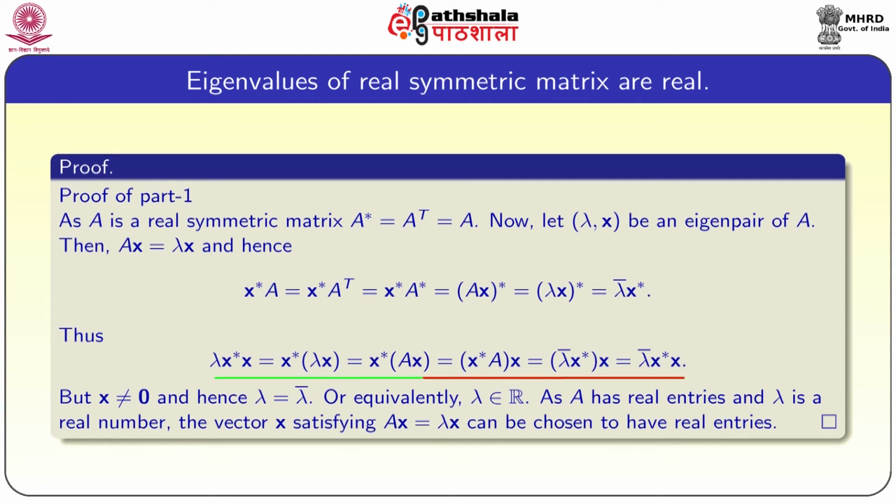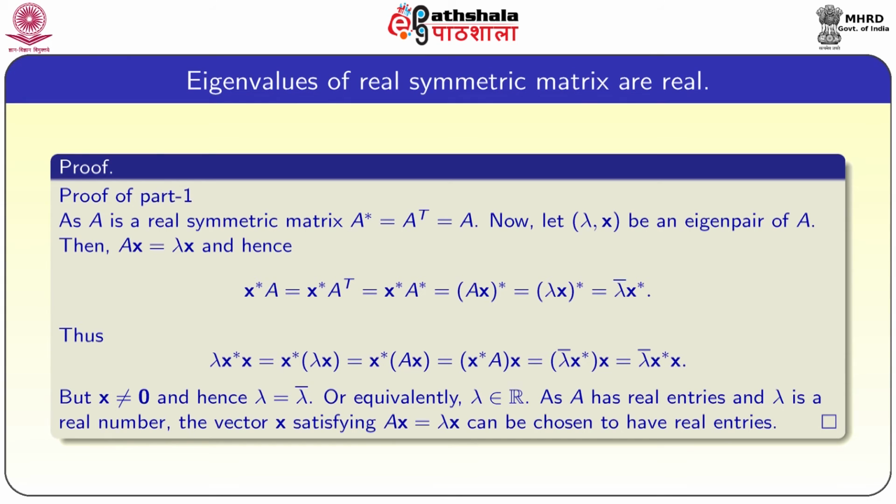So, with a simple calculation we can show that lambda into x star x equals lambda bar into x star x. So, we can bring this to one side, that is lambda minus lambda bar into x star x is equal to 0. Since x is not equal to 0, x star x is also not equal to 0.